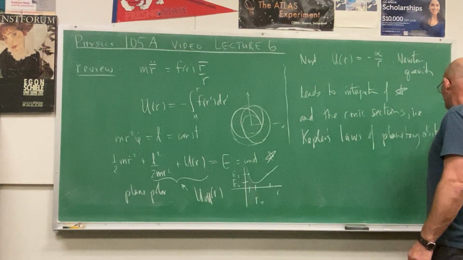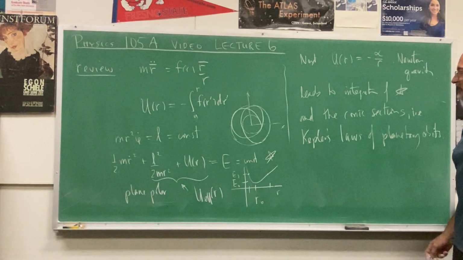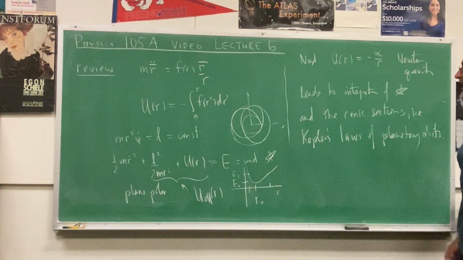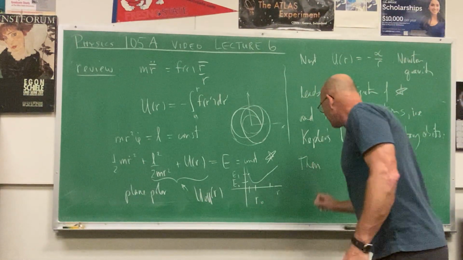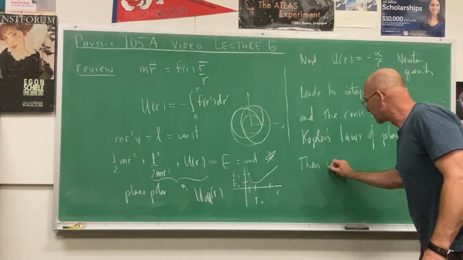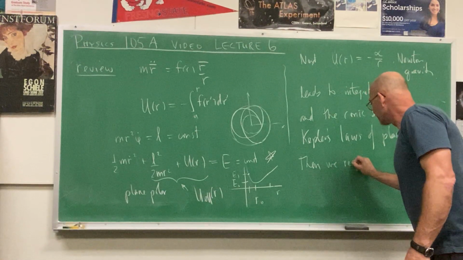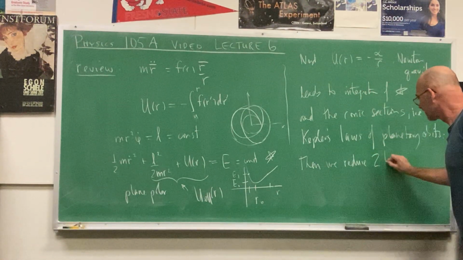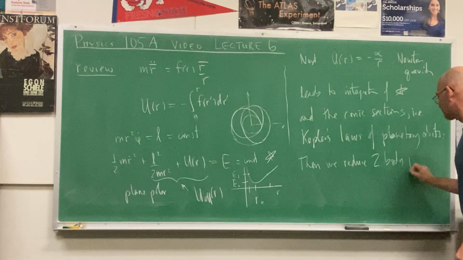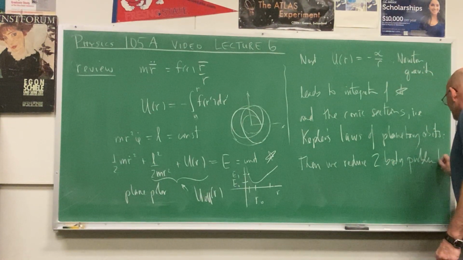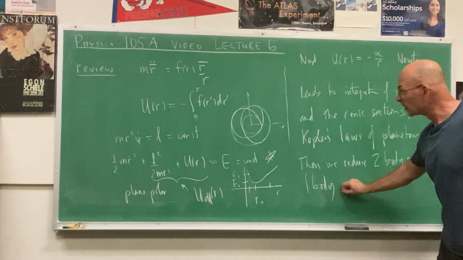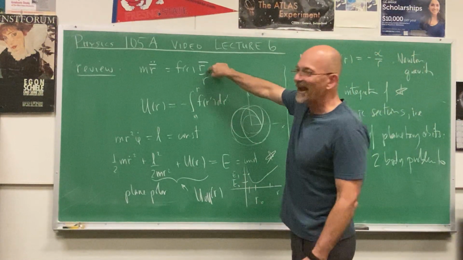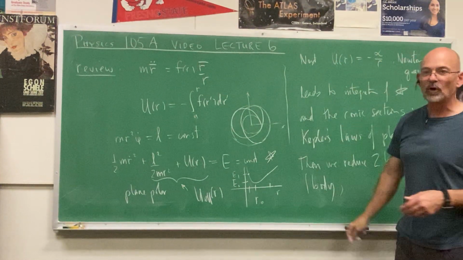Planetary orbits. So that's what I'm going to do, and that'll take, who knows, it will take the rest of this hour, maybe a little more. And once we have that, then we reduce the two-body problem to one body, and when we do that, we actually arrive right here, and then we'll go through the whole program.